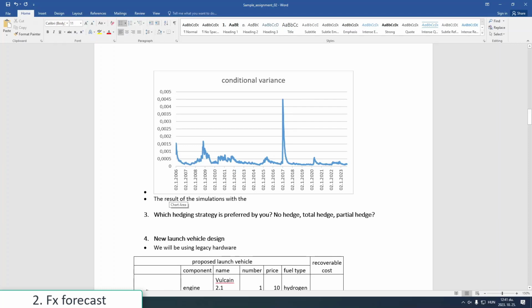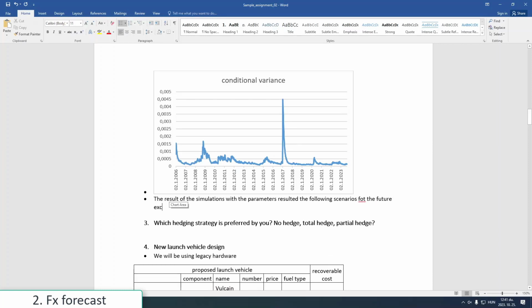And now we can also see the result of the simulations, with the parameters resulting in the following scenarios. Portfolio exchange rate, what we can use during, sorry, or future calculations.